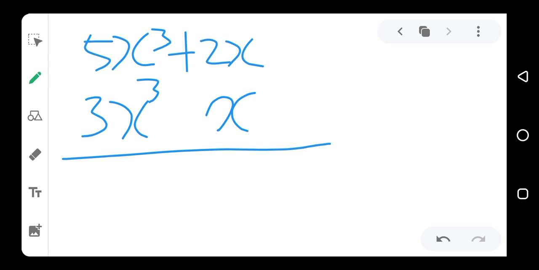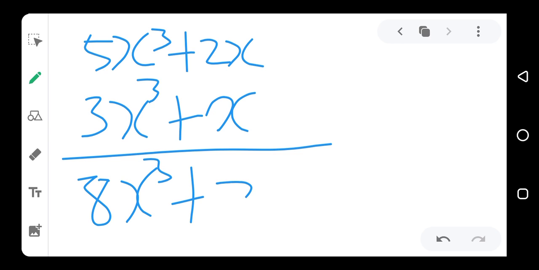So we now add. We are now going to have 5x raised to power 3 plus 3x raised to power 3, which is 8x raised to power 3, and 2x plus x will give us 3x.